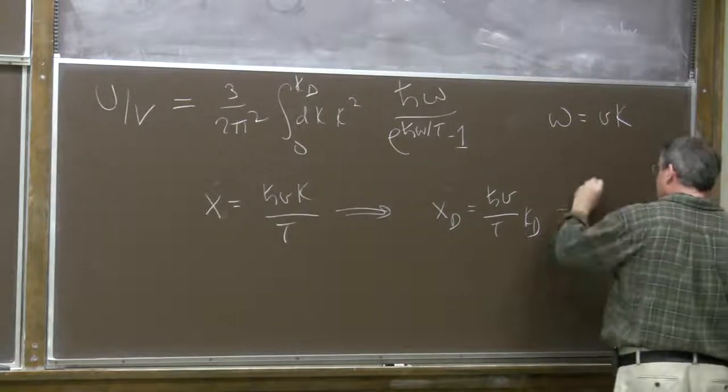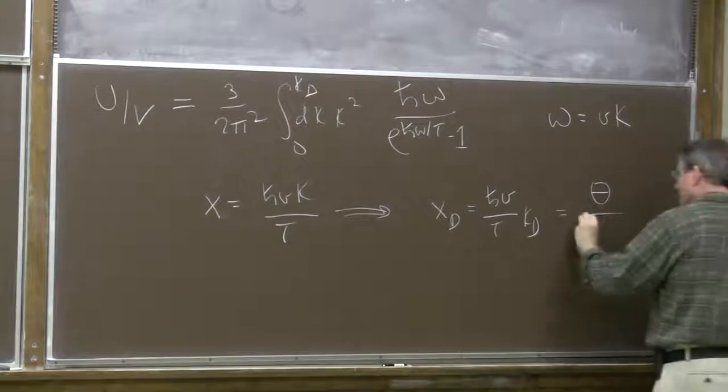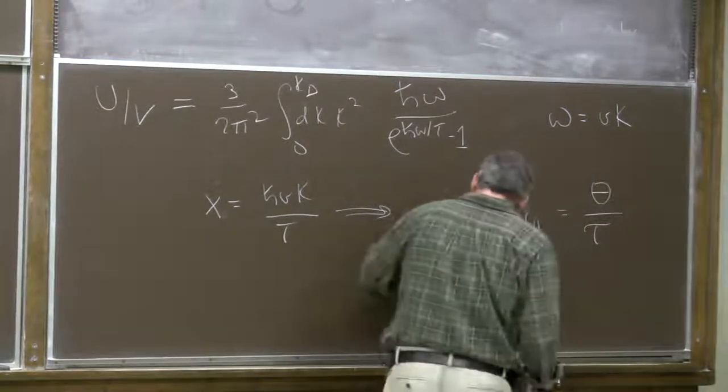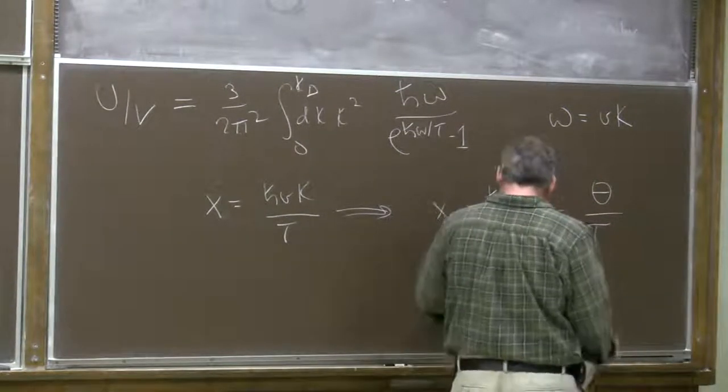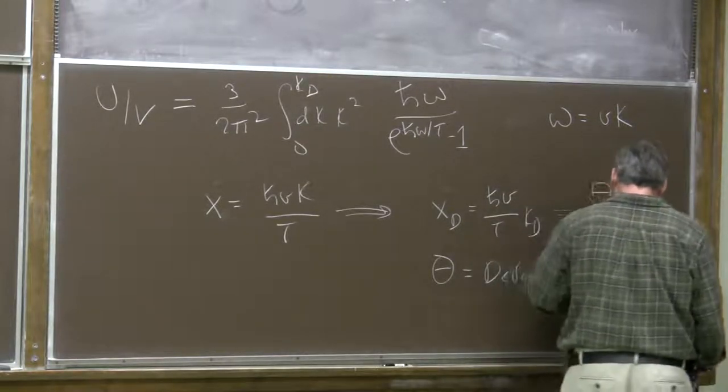So I'm going to call that theta over tau. This is dimensionless, so theta is something with the dimensions of energy or temperature, where theta is equal to the Debye temperature.